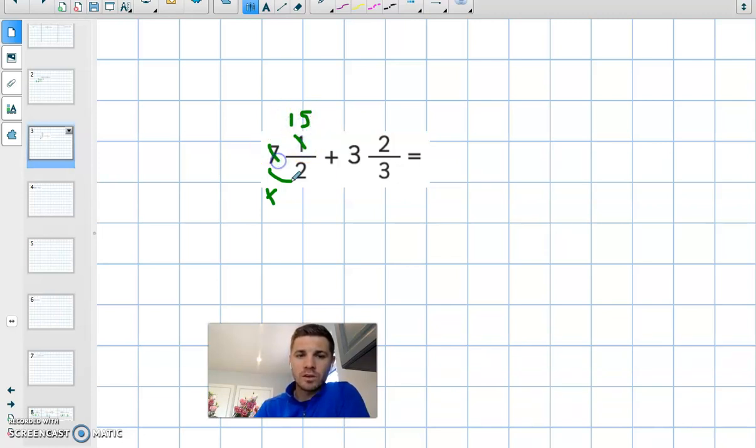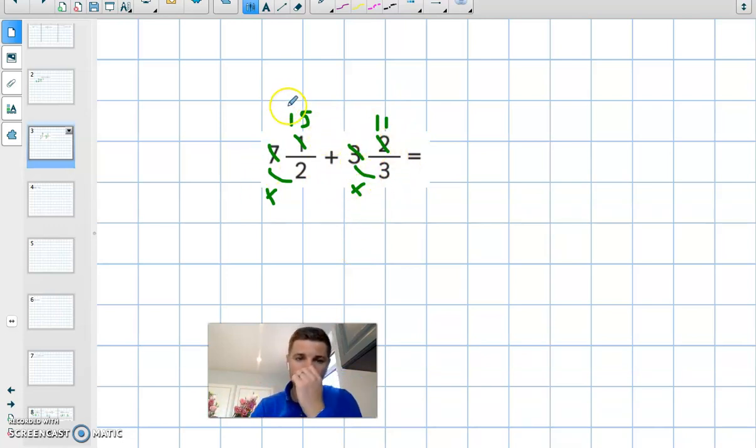Okay, and the denominator stays the same, so you're now left with 15 over 2. And then we need to do the same with this mixed number. So 3 times 3 is 9, and then we add that 9 to the top number, which equals 11. Okay, and the reason why I'm just crossing out these digits is just to make it clearer for myself and I remember what I've done so far during this number problem.